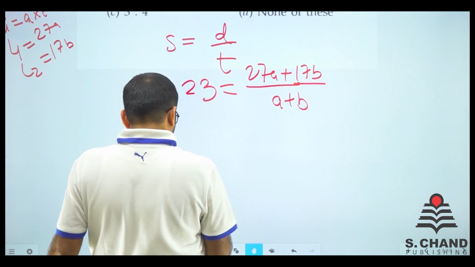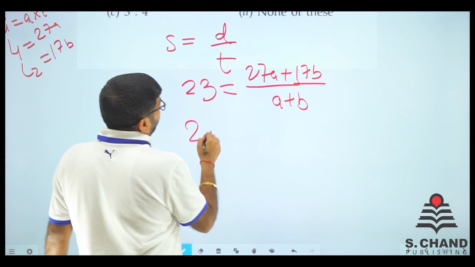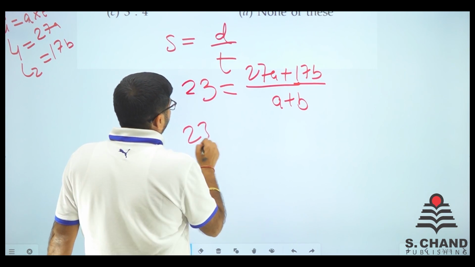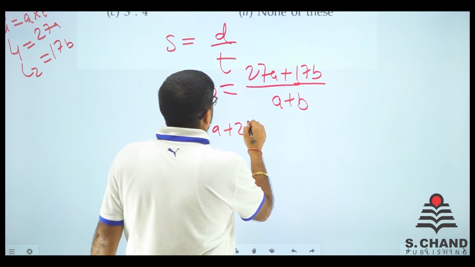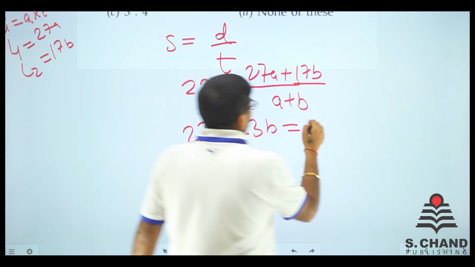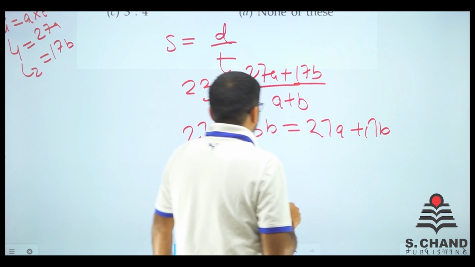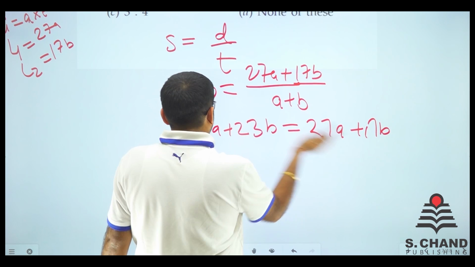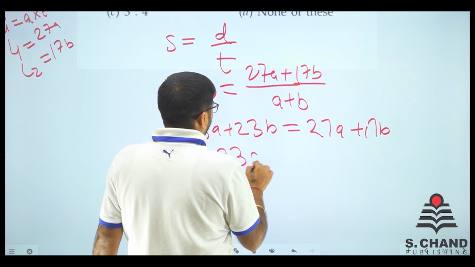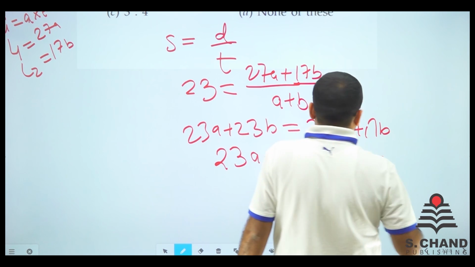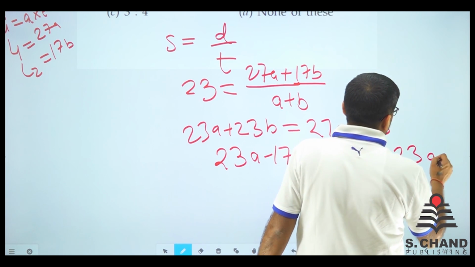Okay, so let's do it. 23A plus 23B is equal to 27A plus 17B. So 23A minus 17A is equal to 27A minus 23A.